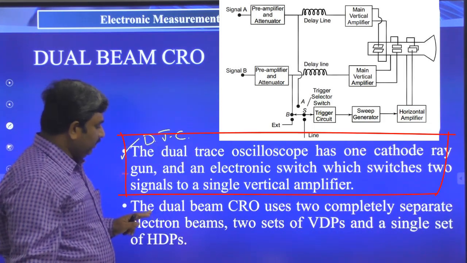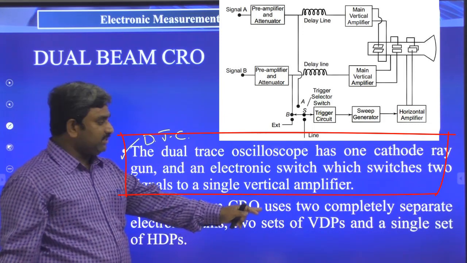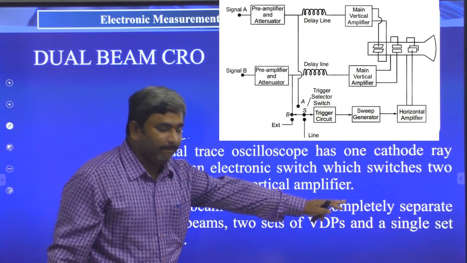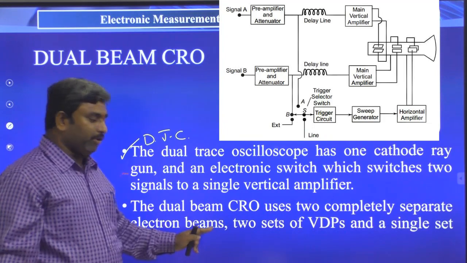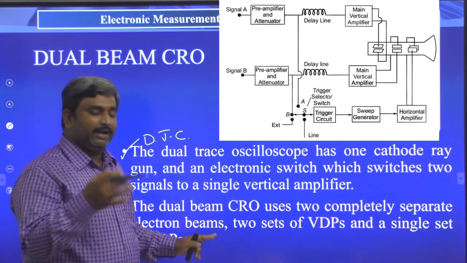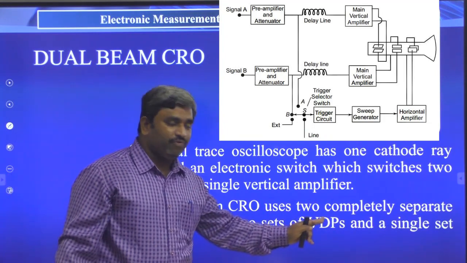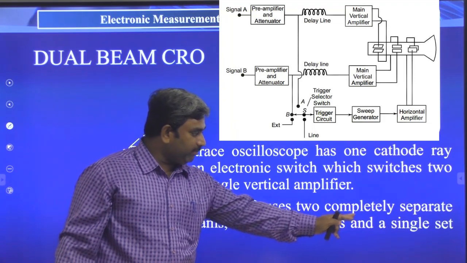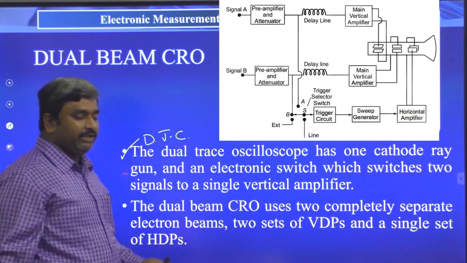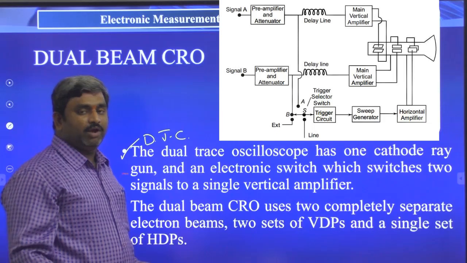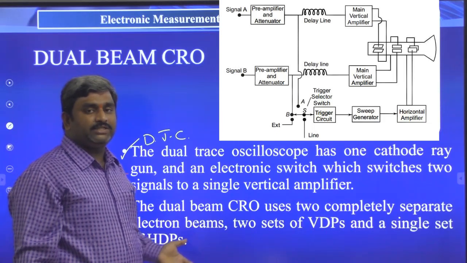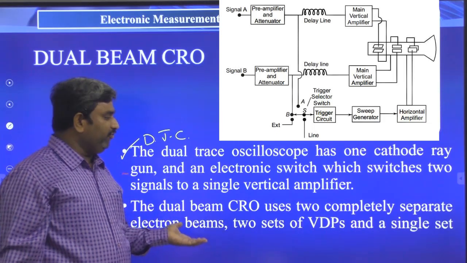The second point, the dual beam CRO uses two completely separate electron beams. It has two separate electron beams, two sets of VDPs, that is vertical deflection plates, and a single set of HDP, that is one set of horizontal deflection plates and two sets of vertical deflection plates.